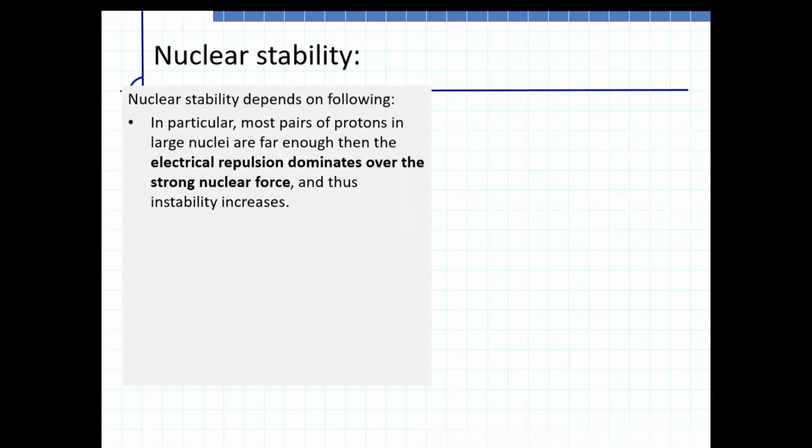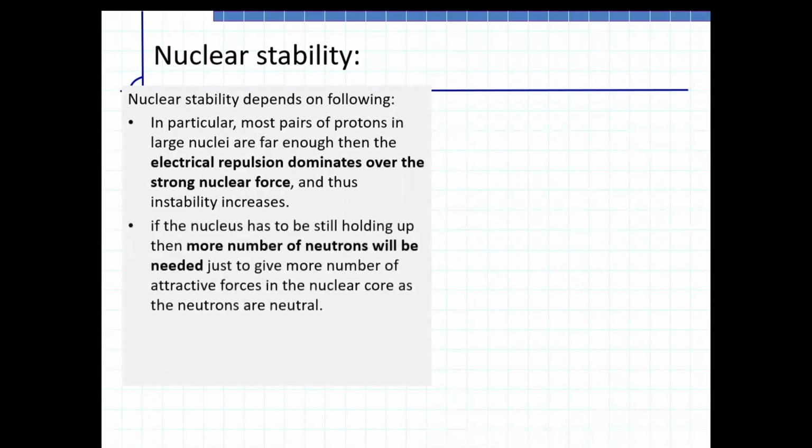The protons in the large nuclei are far enough apart that the electrical repulsive force will dominate and the strong nuclear force will be less, and therefore the instability will increase.